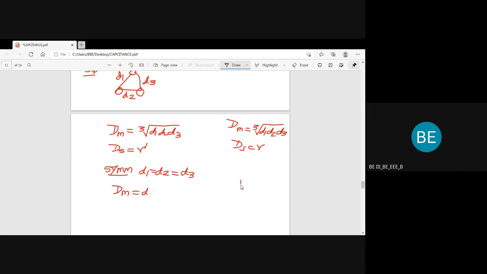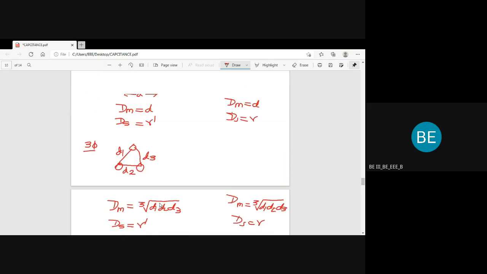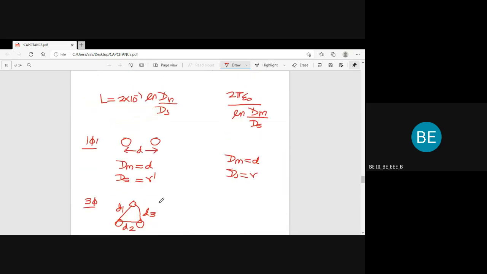Here also Dm will be equal to d. For Ds, in capacitance it will be r, and in inductance it will be r dash. So this is the difference between inductance and capacitance.